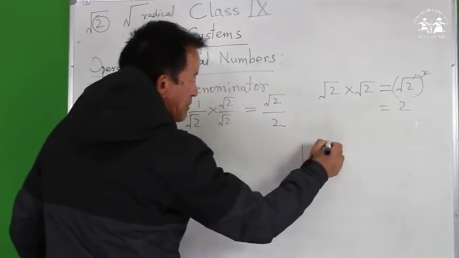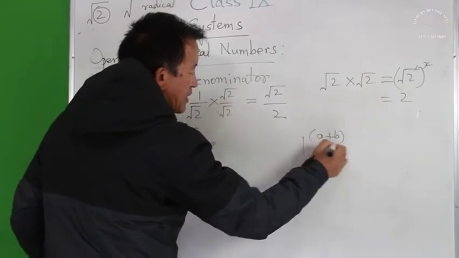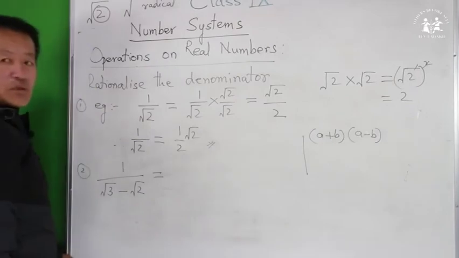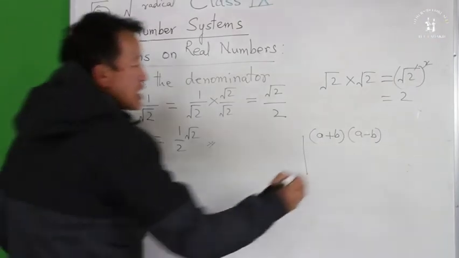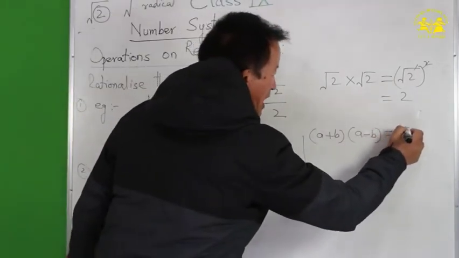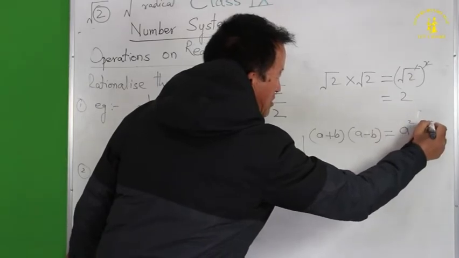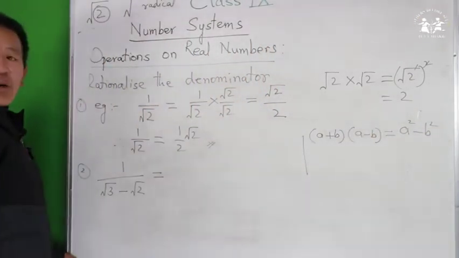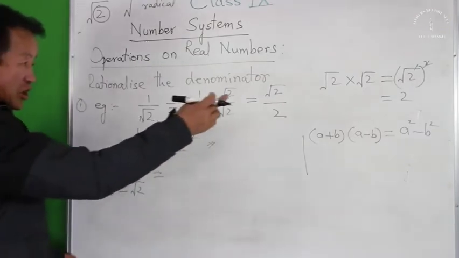1 upon a plus b into a minus b is equal to a square minus b square. You'll get a square minus b square.